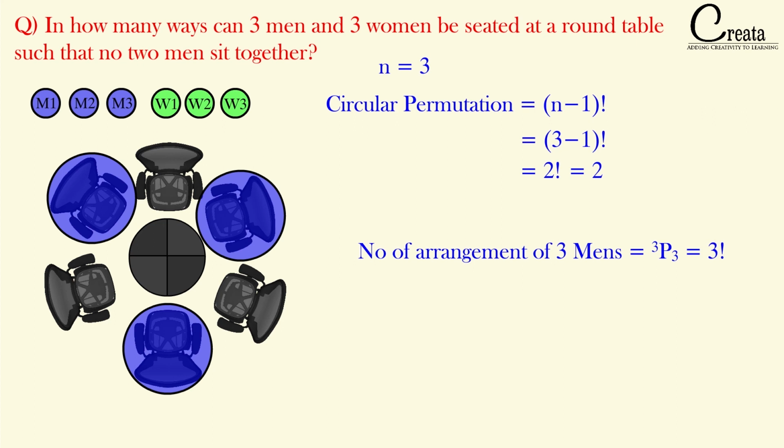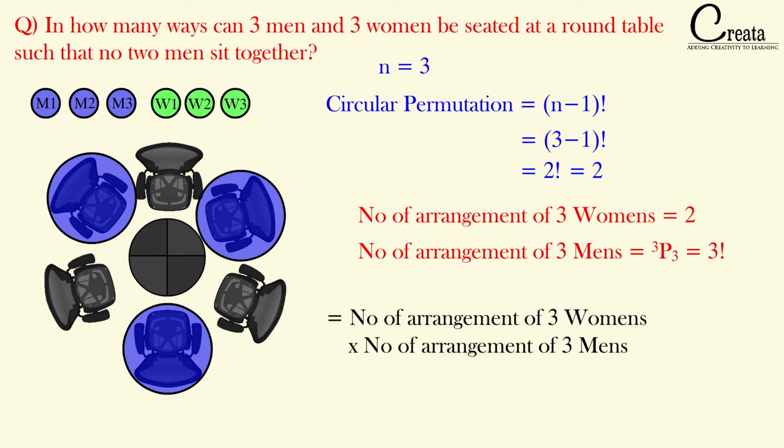Okay? So moving further, we have decided the number of ways in which we can arrange the women, and we have decided the number of arrangements in which we can arrange the men. So let's find the final answer. That will be equal to 2 factorial into 3 factorial. Here the multiplication is applicable because here AND will be applicable.